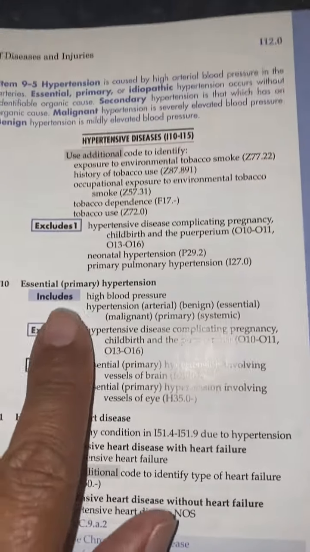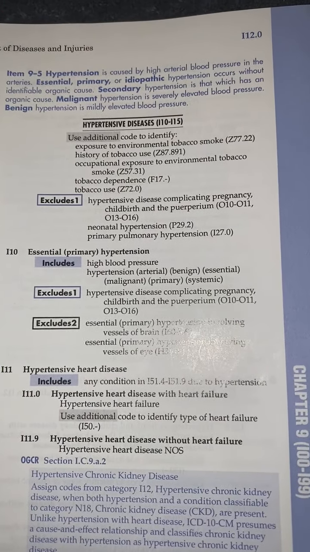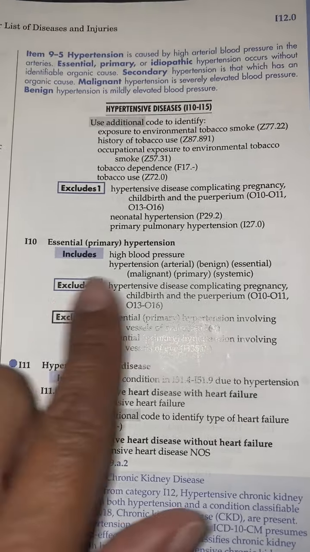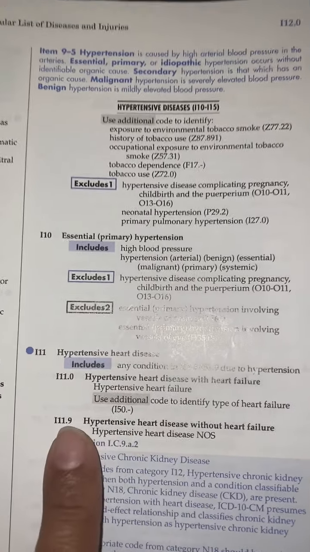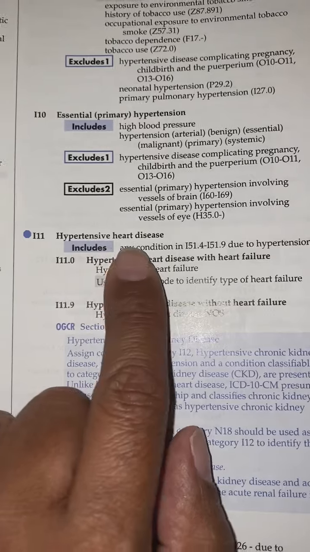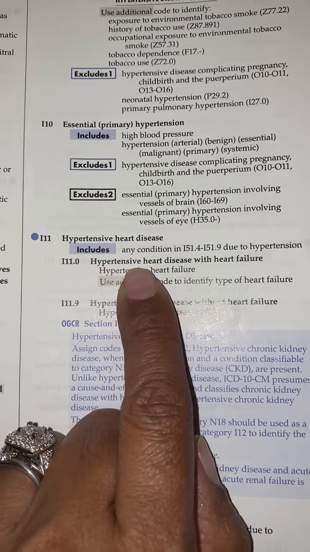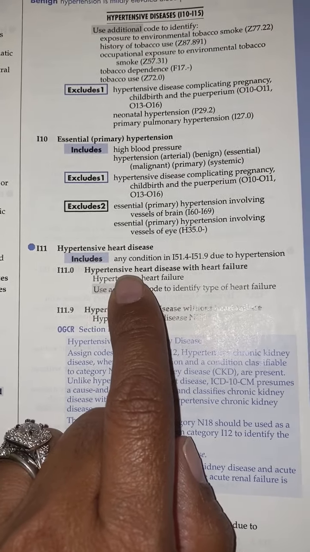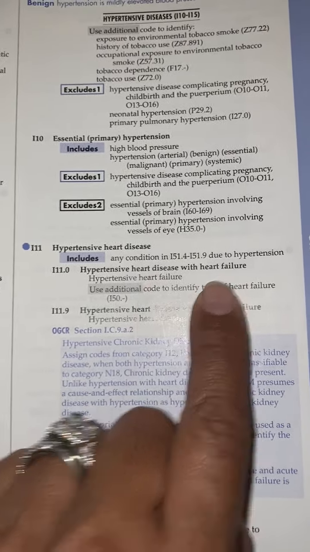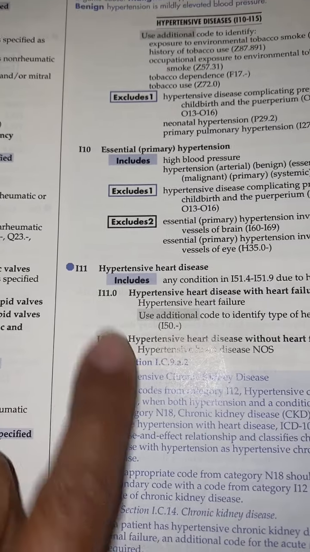So if I go here to essential or primary hypertension, meaning I just know that my patient has high blood pressure, you see here it says includes high blood pressure, okay? If I had hypertensive heart disease, meaning it was hypertensive, meaning accelerated or elevated, but also had heart failure, then I would select this code, I11.0.